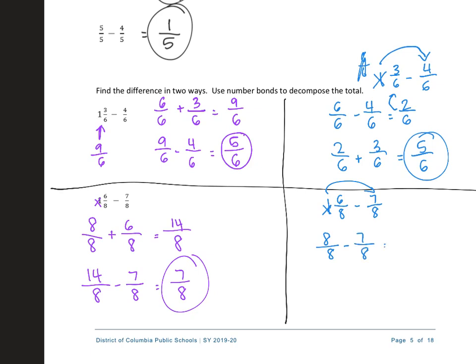When I take 8/8 minus 7/8, that's going to leave me with 1/8. And now I'm going to go back and add that 1/8 to the 6/8 that was left over right here. And that's going to give me 7/8. So again, either way, I got the correct answer.